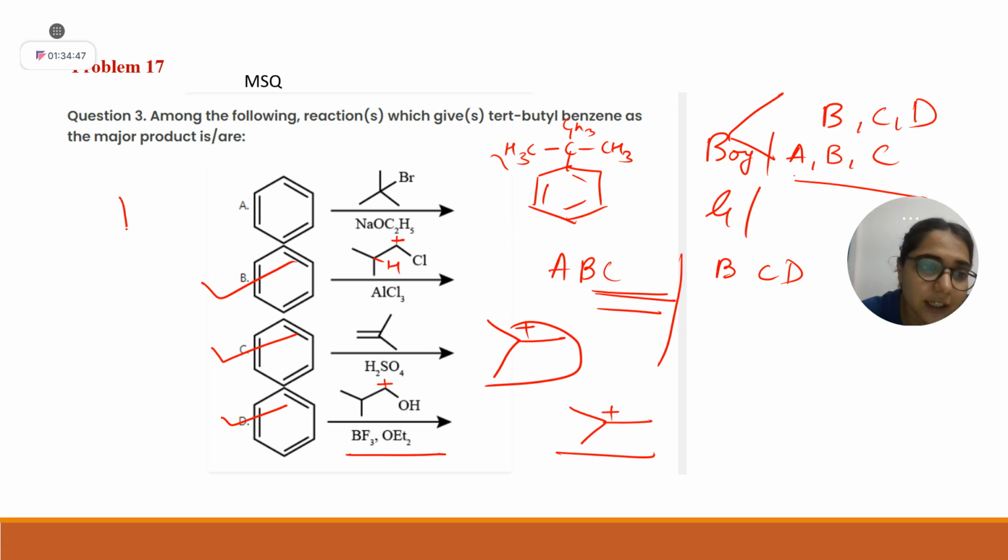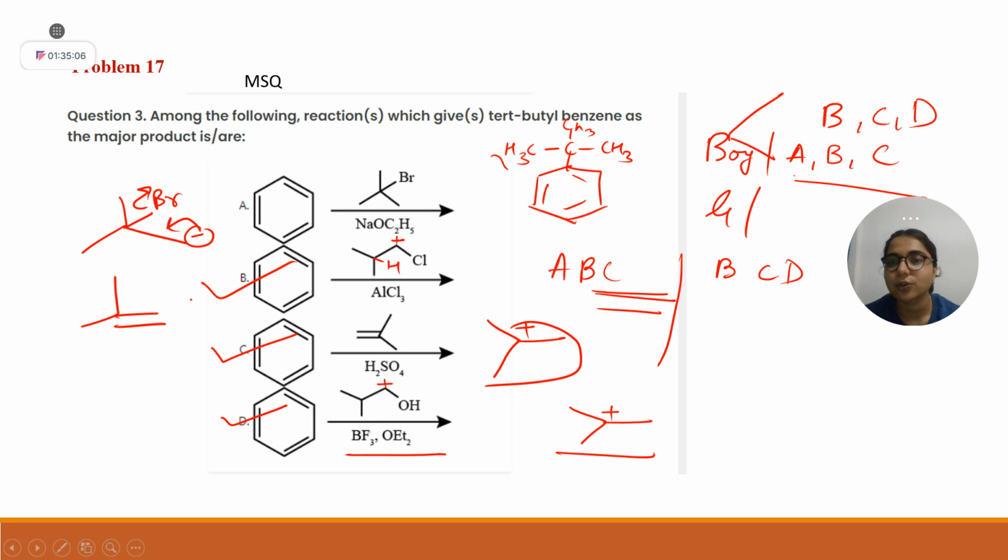But students, in option A, see the second group, this is your sodium ethoxide base. This is a very strong base, students. It will abstract a proton from here and knock off bromine and give you this alkene. Yes or no? So whoever is saying ABC, are you clear why option A is not correct?